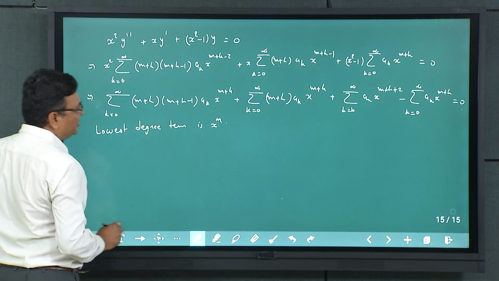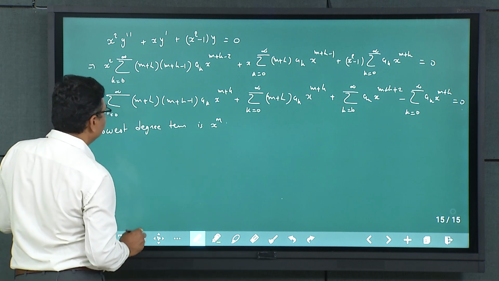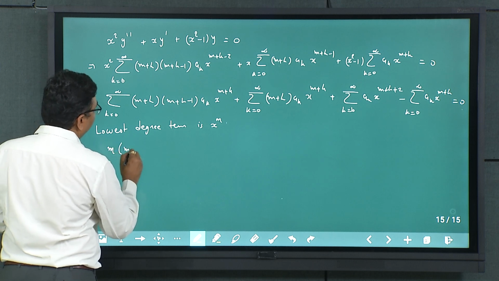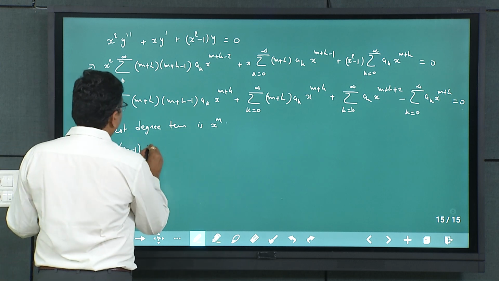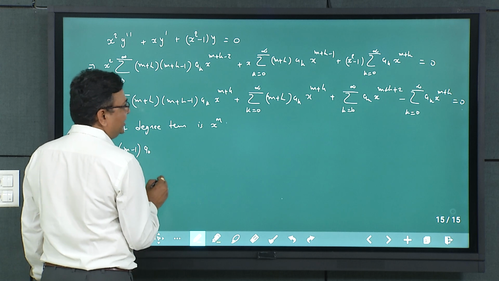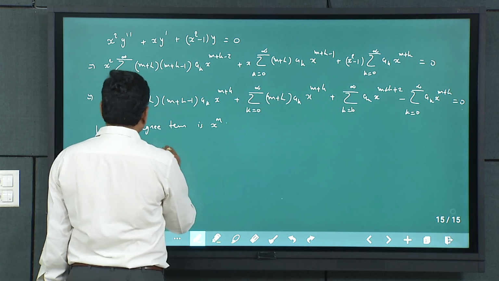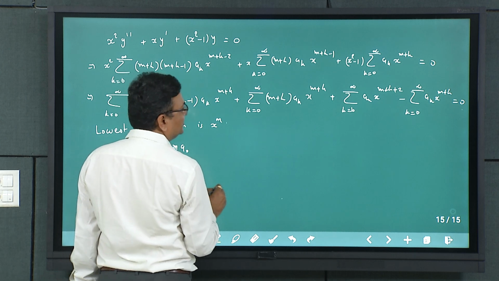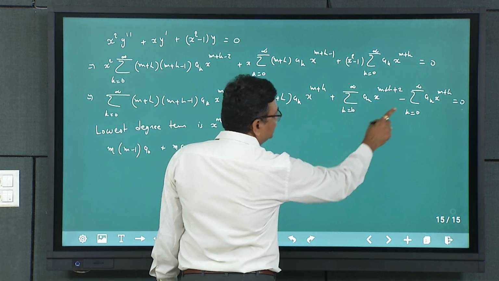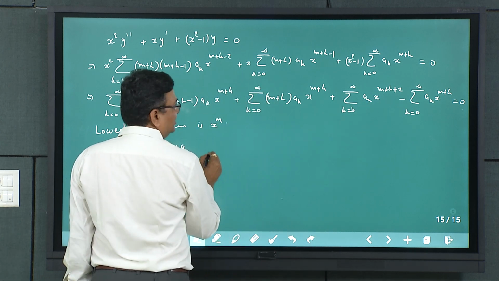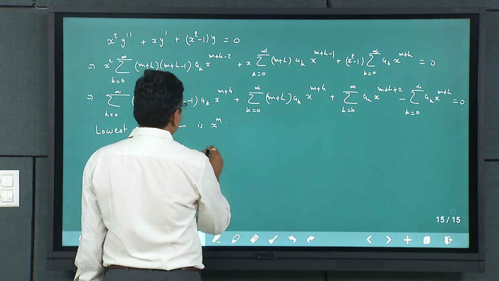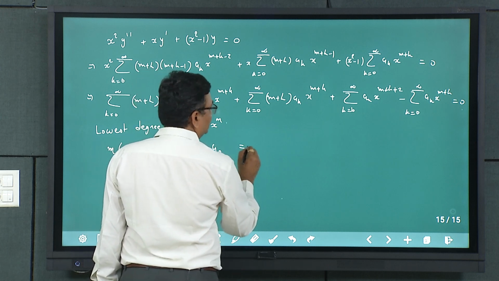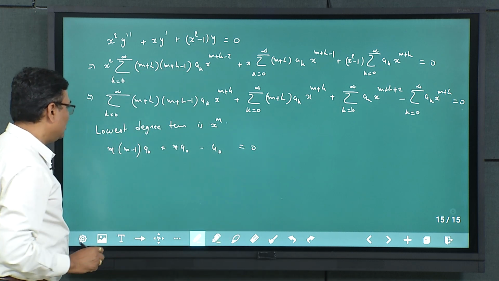So taking the lowest degree term x raised to power m, we have to take k is equal to 0, so m into m minus 1 a0, right, taking k is equal to 0 here, so plus m a0, and in the first term the lowest degree term will not occur, here it occurs so minus a0, right, this is equal to 0, okay.